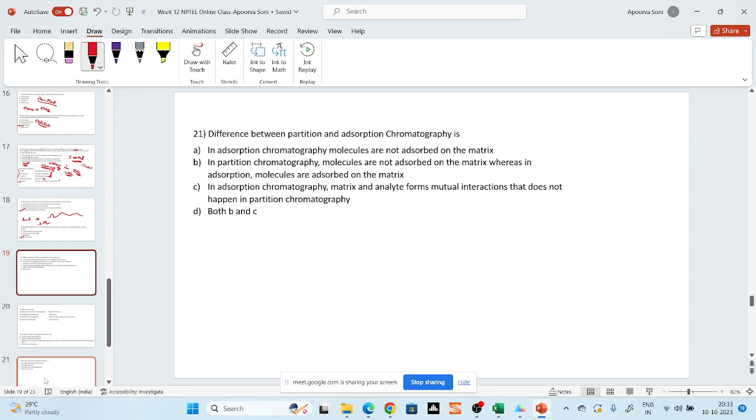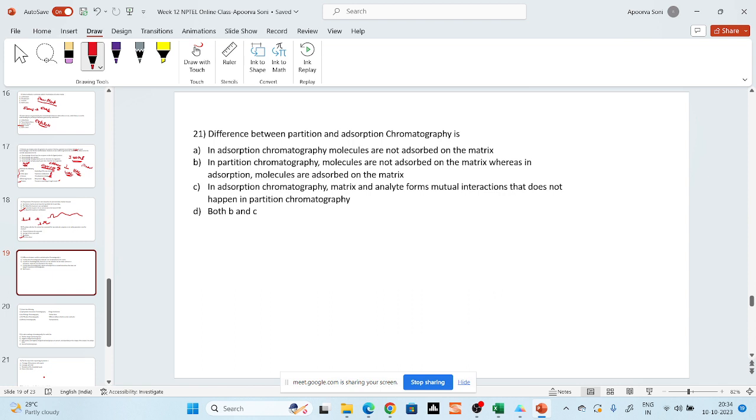Then this question we have also dealt with earlier. The difference between partition chromatography and adsorption chromatography: in partition chromatography molecules are not adsorbed on the matrix, whereas in adsorption molecules are adsorbed.